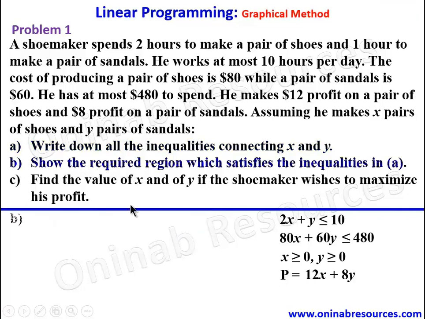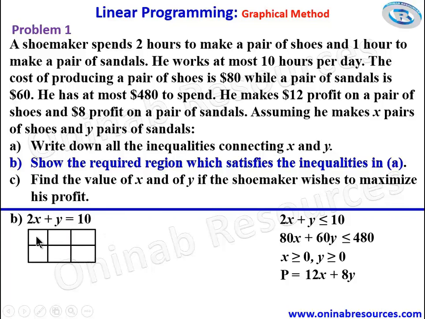So we go to B. For B, we have to show the required region which satisfies the inequalities in A. So we go ahead and create a table of values for two of these inequalities, which is this and this. And before then, we change this to equations. So we have 2x plus y is equal to 10.